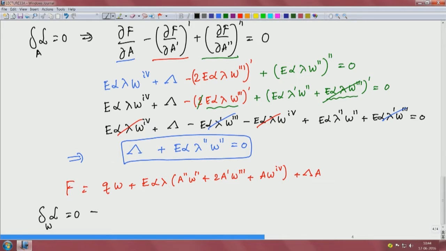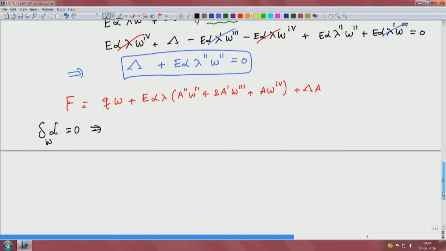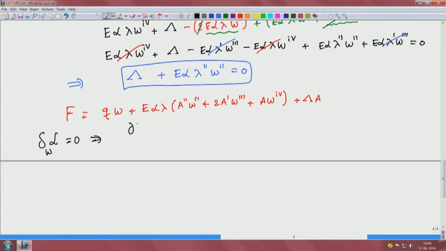Once we have it, when we write the variation of the Lagrangian with respect to W equate to 0, our Euler-Lagrange equation will be dou f by dou W, we have that term here, minus dou f by dou W prime, that is not there, W prime is not there, plus dou f by dou W double prime, we have double prime here.